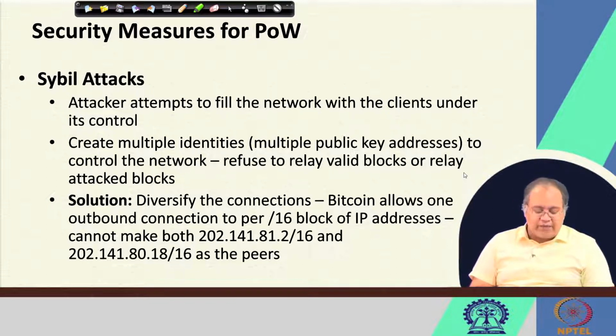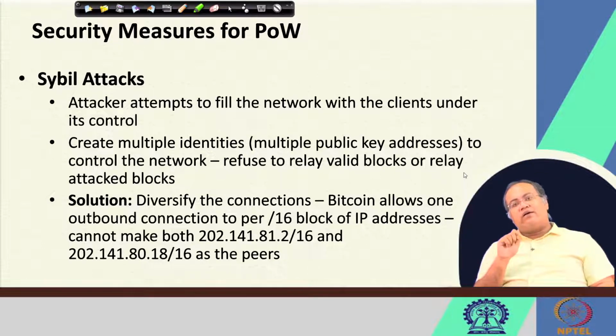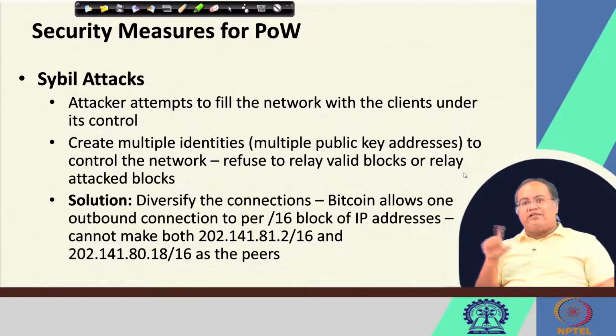Well, so for example, you cannot make both 202.141.81.2/16 and 202.141.80.18/16 as your peer. Well, so the way you are creating the peers, you need to ensure that you are using exactly one IP address out of each /16 subnet as your peer.